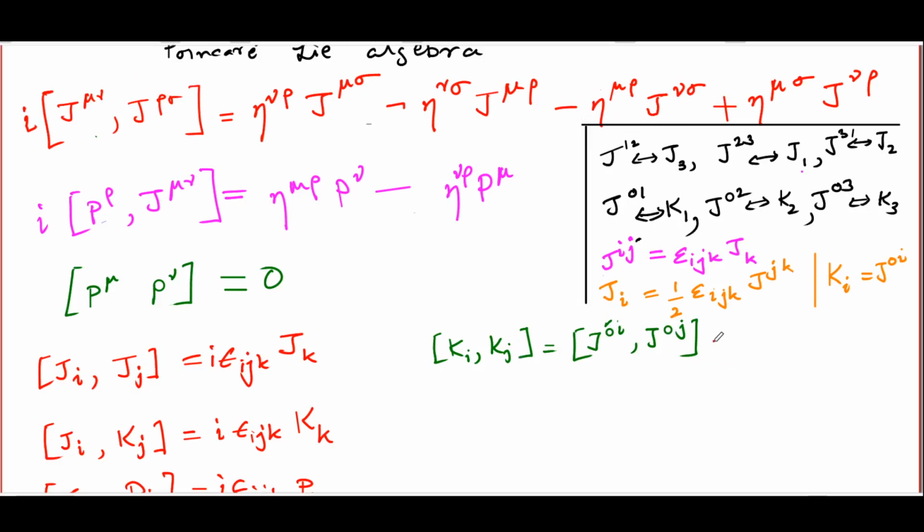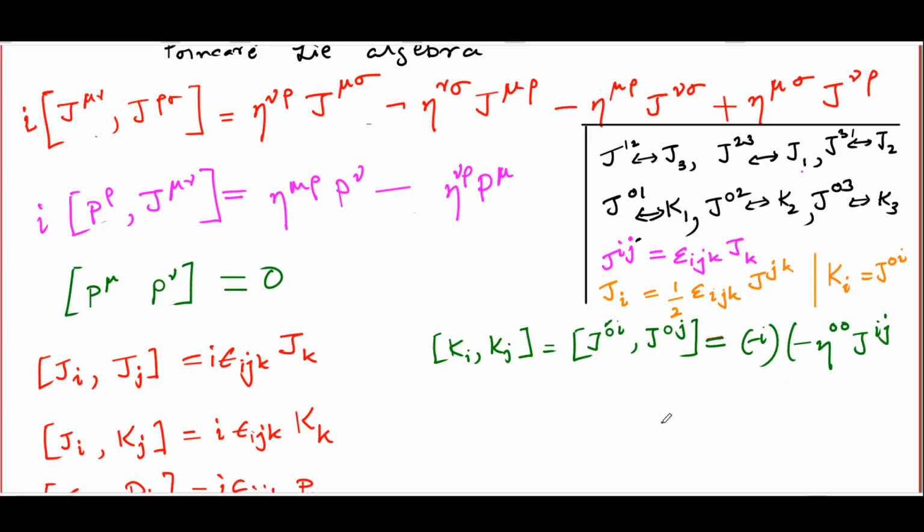So you get, apart from a minus I, you get minus eta 0, 0 and Jij.